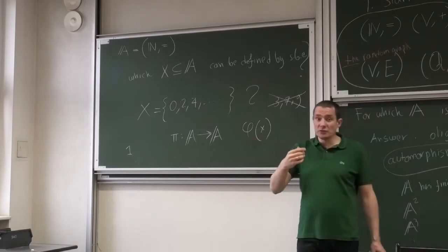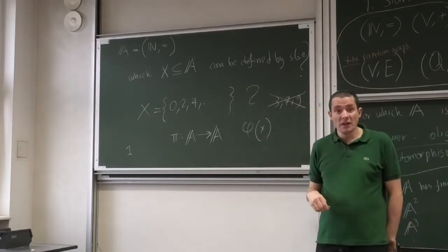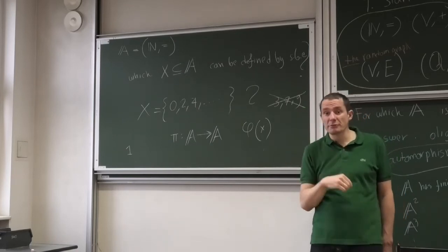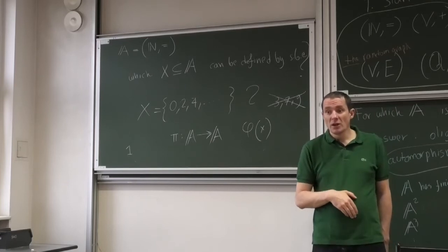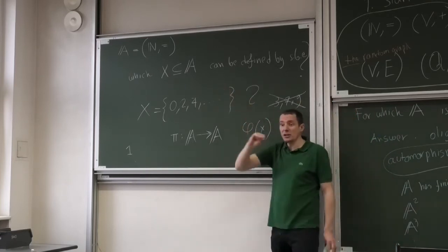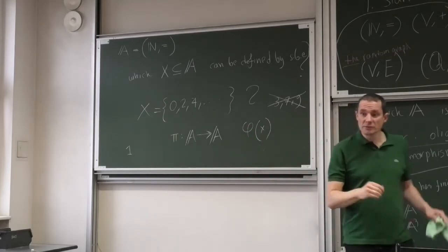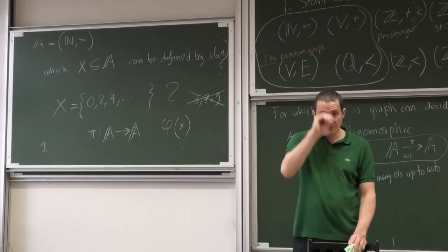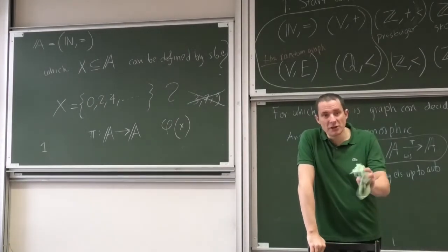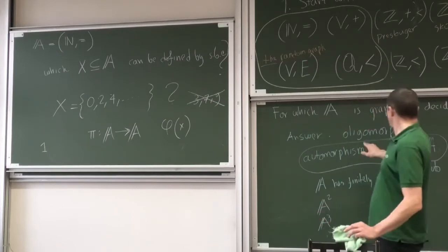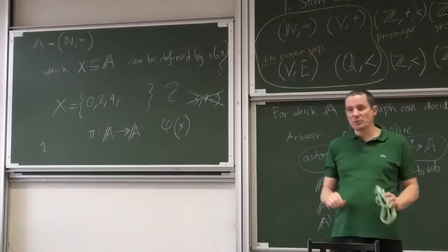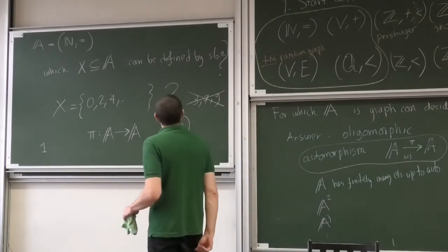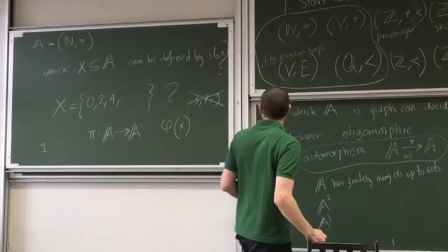If the formula uses constants 1, 2, 3, 4, then it's only allowed to compare its input with respect to equality to 1, 2, 3, 4, so it could do that without quantifiers anyway. So in fact, this structure here has something that's called quantifier elimination, which means every first order formula is equivalent to one that doesn't use quantifiers. That will play a role later on in the theory. It will turn out that for the oligomorphic structures there will be a slightly stronger property, but it will imply quantifier elimination. So now let's consider the following question.